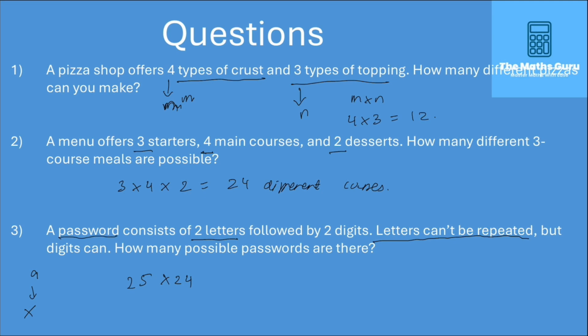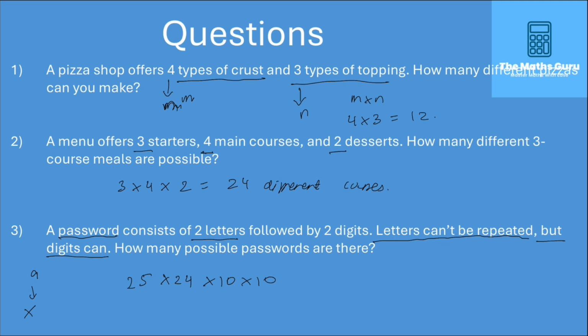Our digits go from 0 to 9, so that is 10 different combinations. Our digits can be repeated. So this is going to be times by 10 and times by 10 because we can choose any number from 0 to 9, which is 10 individual digits. But this does not affect our second choosing.